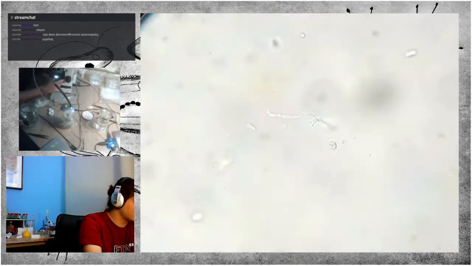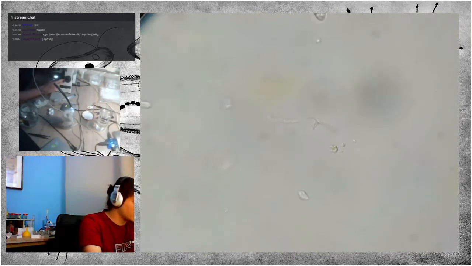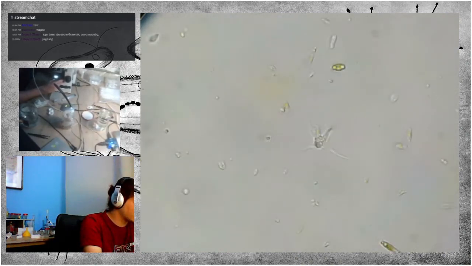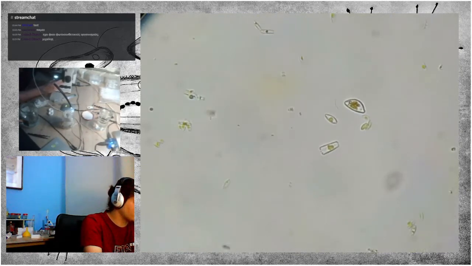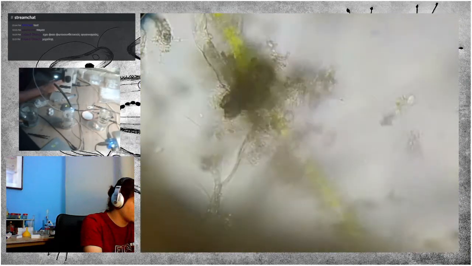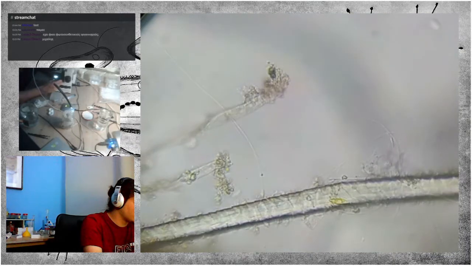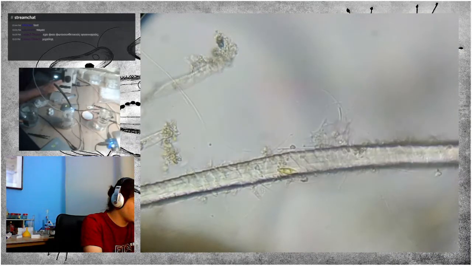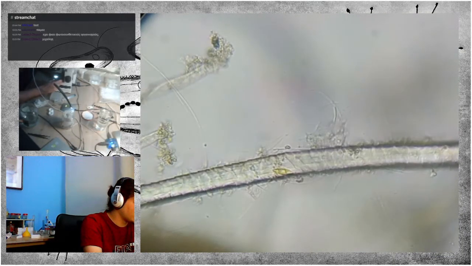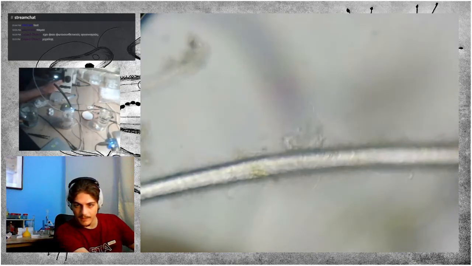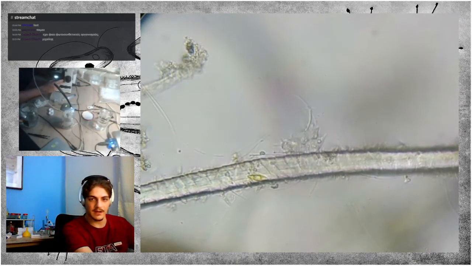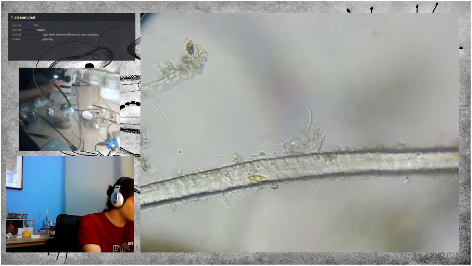Let me open the condenser again. That should be good. Okay. Oh, here's another amoeba. Right in the middle of the screen, latched onto the hair.